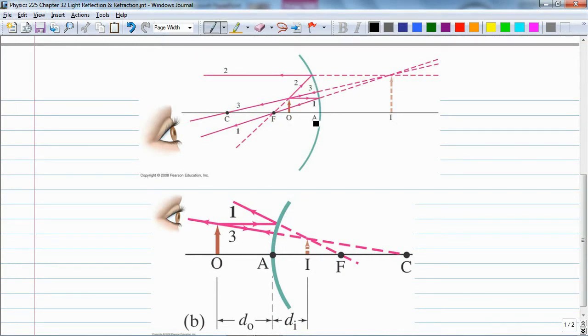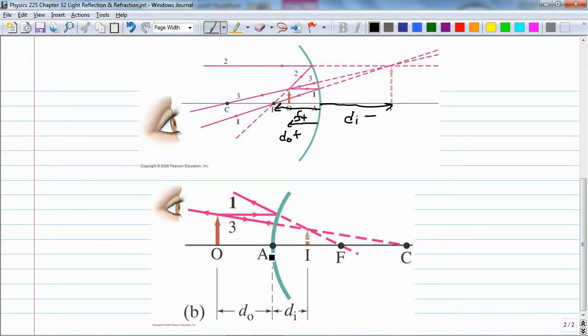So in this case, our focus is positive because it exists on the left-hand side. Our distance to the object, DO, is positive, but our image distance is negative because it's on the back side.